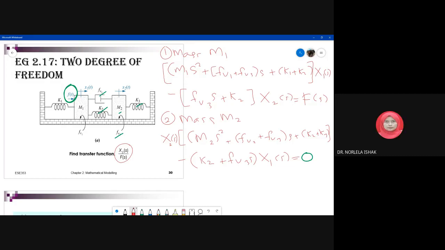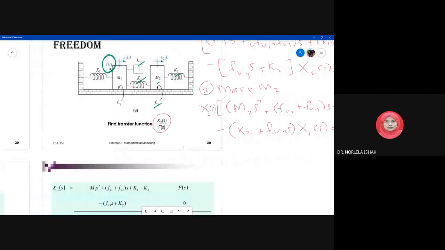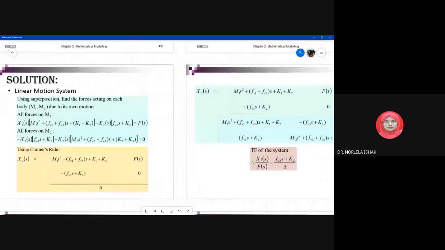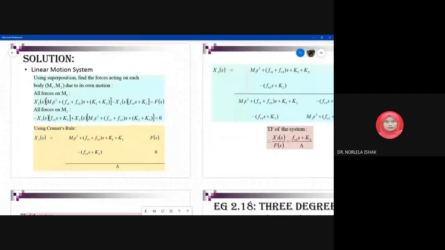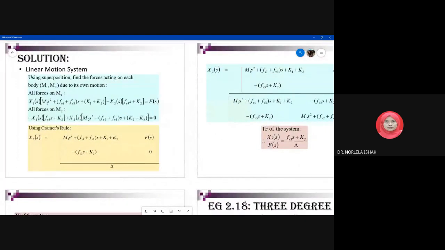Yes. Okay, so to solve this, we have to apply Cramer's rule. This is the two equations belonging to M1 and to mesh number 2. So you have to use Cramer's rule.